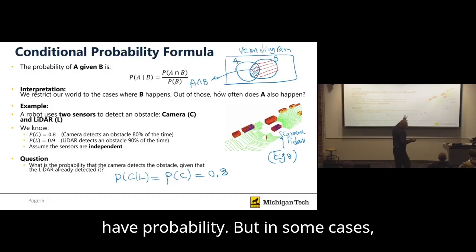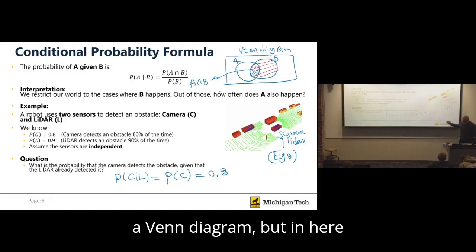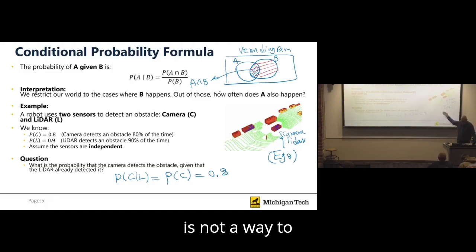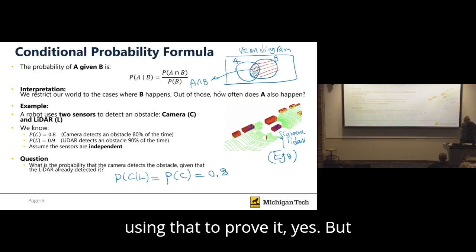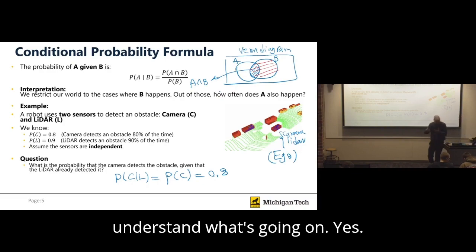In some cases, we can prove using a Venn diagram, but here it's not a way to prove it. But it's going to help us a lot to understand what's going on.